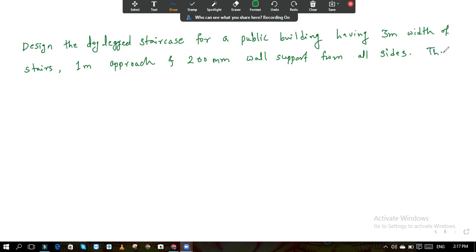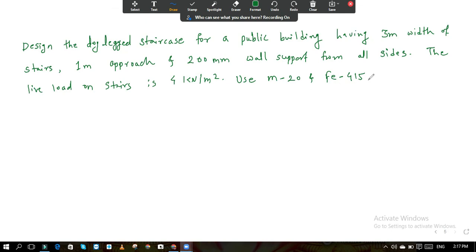The live load on stairs is 4 kilonewton per meter square. Use M20 and Fe415.